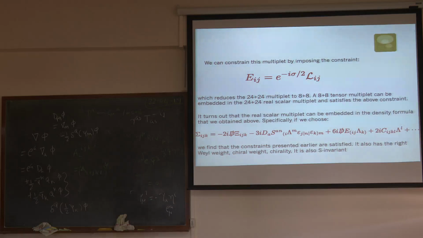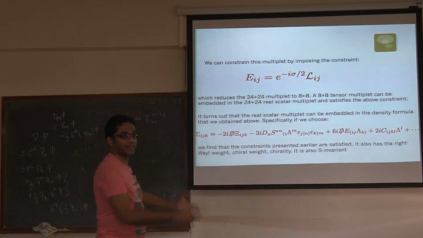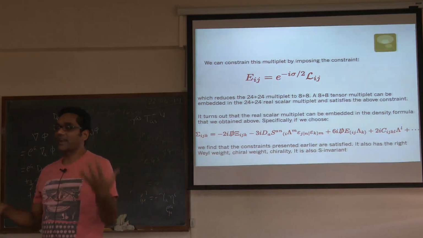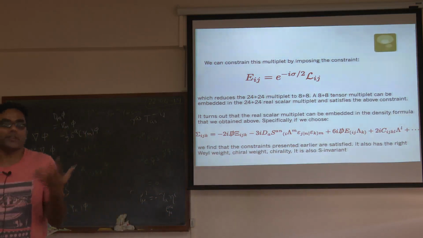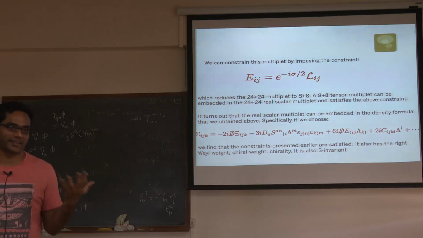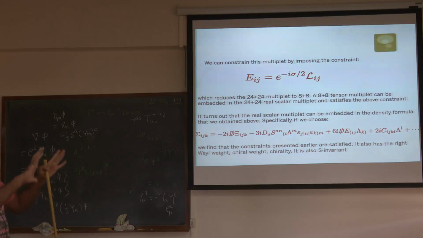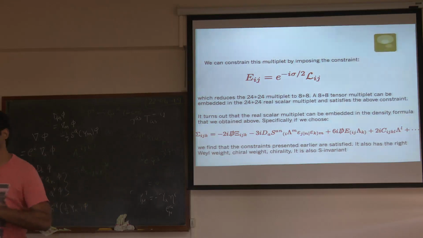That is also a non-trivial thing, because we essentially write down some sigma ijk which is S-invariant and has the right Weyl weight and chiral weight, but it's not guaranteed that the other two constraints will be satisfied. But it turns out that it is satisfied, which means that this is the right thing to use, so the first block we obtain satisfies the required constraints.